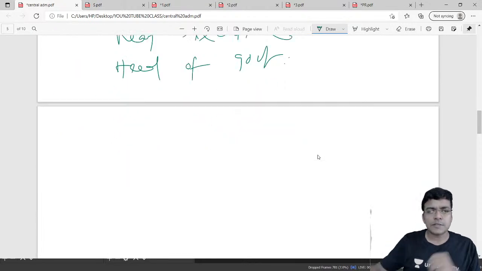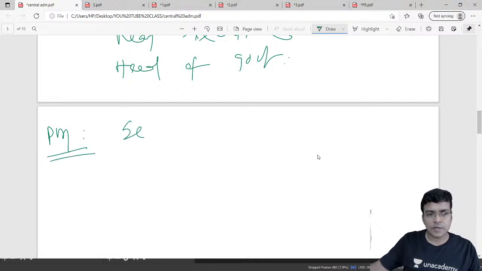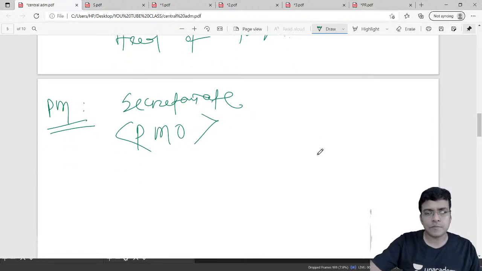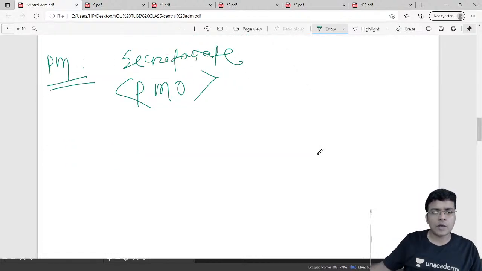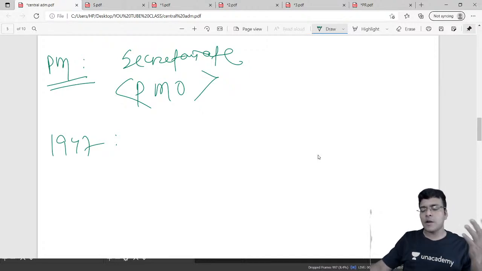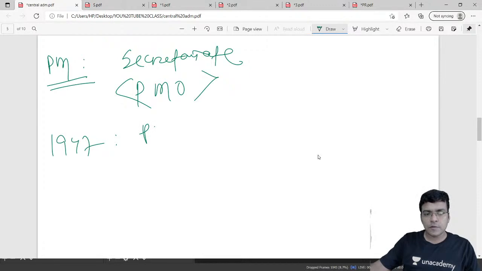So to assist PM, there is a secretariat which is known as Prime Minister Office, and this was established in 1947. In 1947, after independence, the office continued, and at that time it was known as Prime Minister's Secretariat.